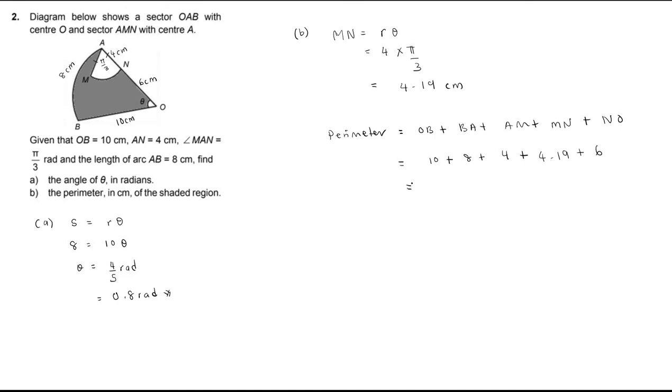Let's add all of the values, and we get 32.19 cm as the perimeter of the shaded region.